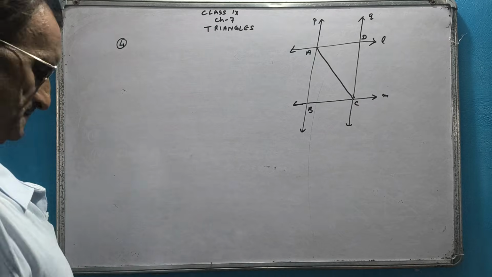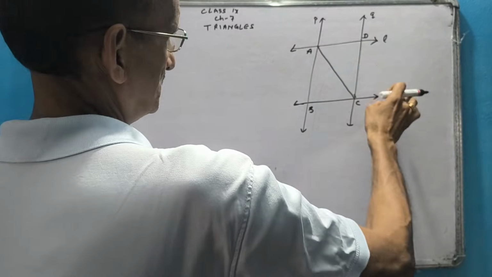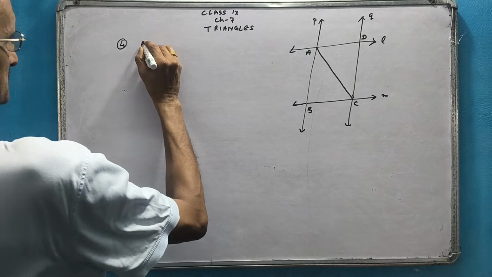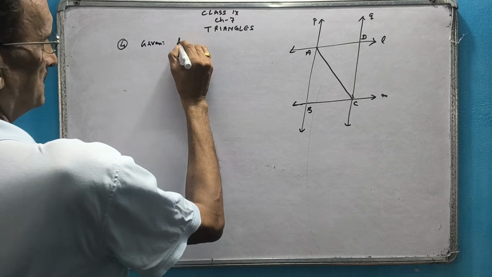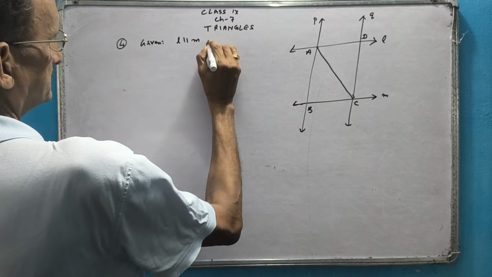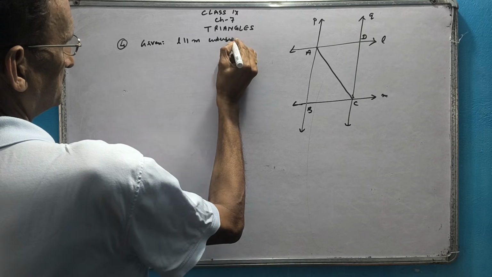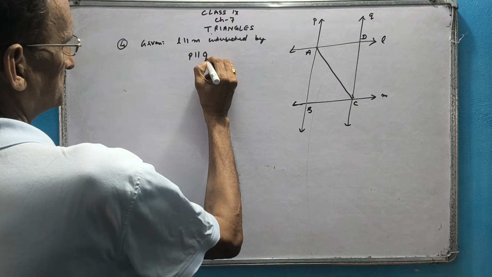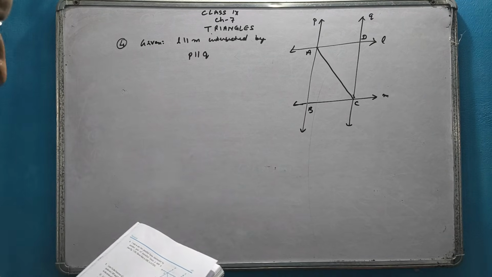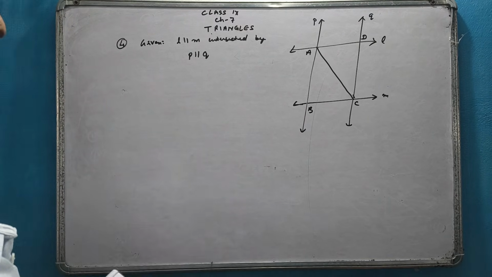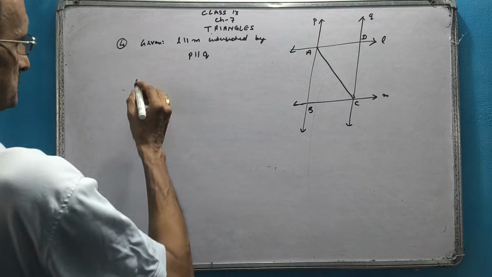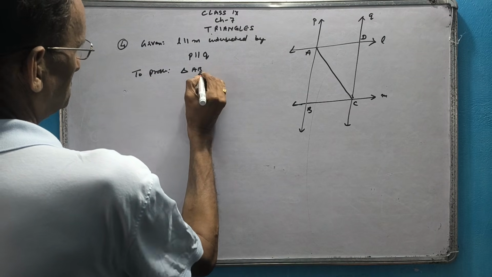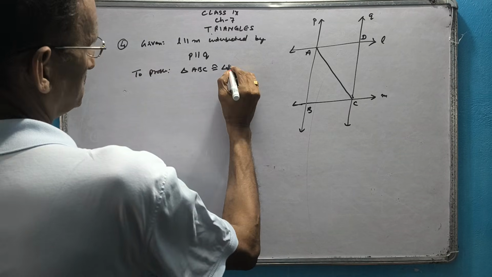We have given L and M are parallel lines intersected by the other parallel lines P and Q. So given, you can write a shortcut in your own way: L parallel M intersected by P parallel Q. We need to prove triangle ABC congruent to triangle CDA.